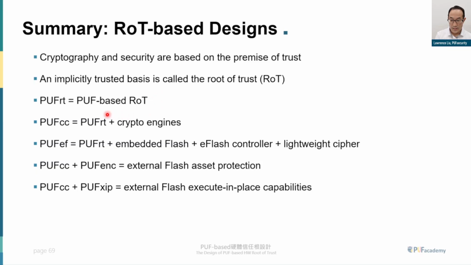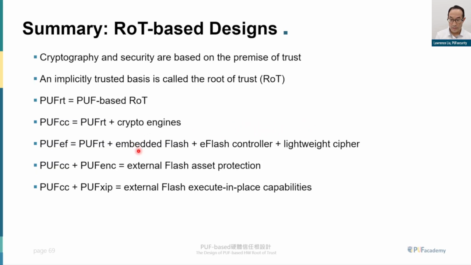From PUFrt, we can create a PUFcc, which is the crypto coprocessor, by adding cryptographic engines to PUFrt, the root of trust. And then we have extra accessory modules for memory protection. So we have PUFef for embedded flash protection, and that's created from the PUFrt root of trust basis, adding an embedded flash with an eFlash controller and a lightweight cipher.